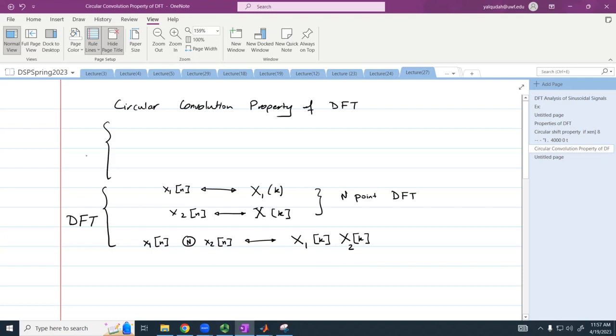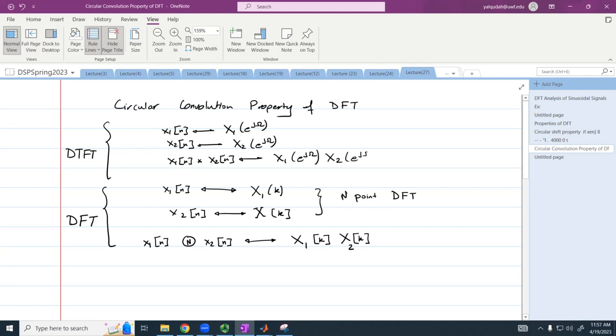In the case of discrete time Fourier transform, DTFT, x1 of n has x1 of e to j omega, x2 of n has a discrete time Fourier transform x2 of e to j omega, then x1 of n convolved with x2 of n is going to have a discrete time Fourier transform that is x1 of e to j omega multiplied by x2 of e to j omega.